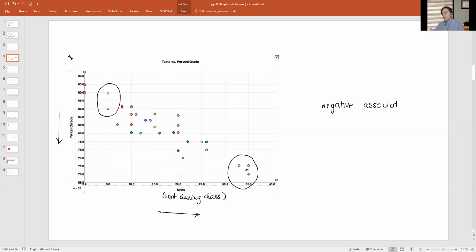And we talk about a negative association because if the value for X increases, then the corresponding value for the second variable is going to decrease.